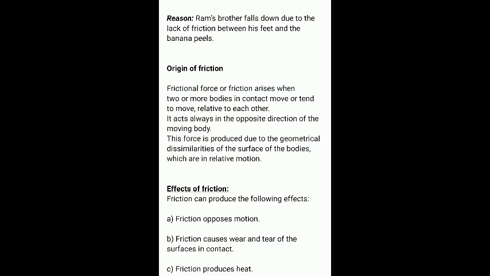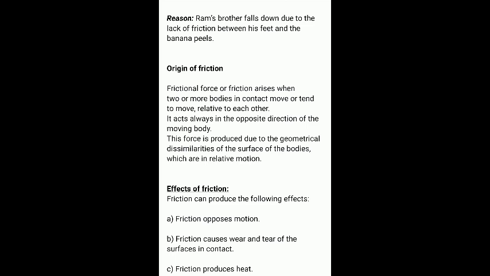This force is produced due to the geometrical dissimilarity of the surfaces of the bodies which are in relative motion. Now, effects of friction. Friction can produce the following effects. It opposes the motion. It causes wear and tear of surfaces in contact.